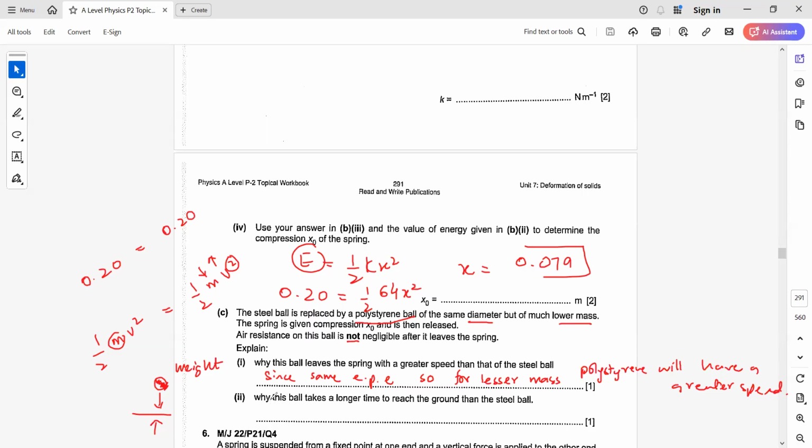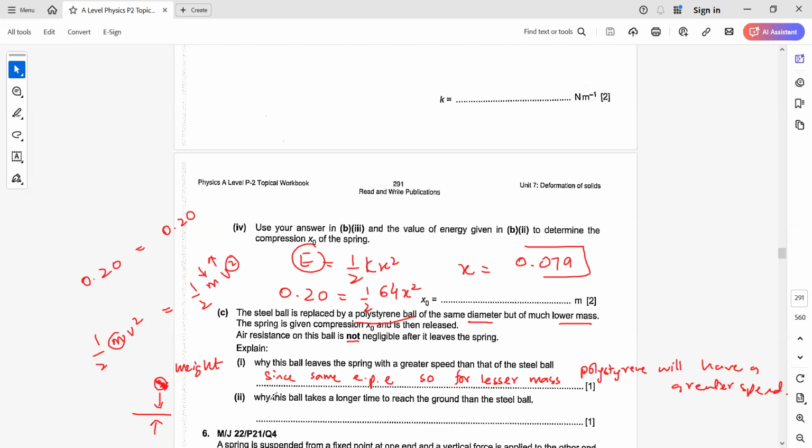So essentially, we know that heavier objects of the same size and diameter as compared to lighter objects of the same size and diameter fall quickly. Reason being, they reach terminal velocity a bit late since we have a larger weight, so more time is needed.